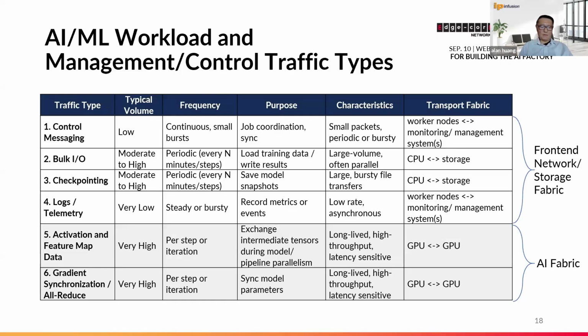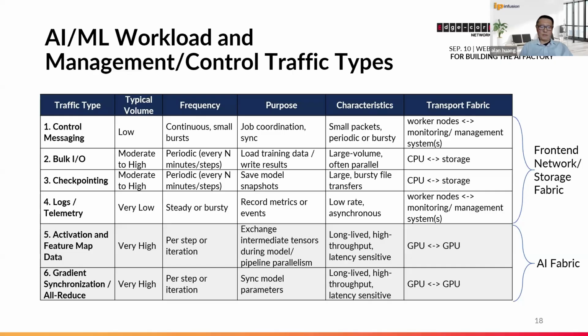These are the primary traffic types involved in a training job. I'm using a training job example, not an inference job. From the top to the bottom, first there is the control messaging. The control messaging is from a job orchestrator like Kubeflow and a distributed training layer like PyTorch distributed, for their jobs.